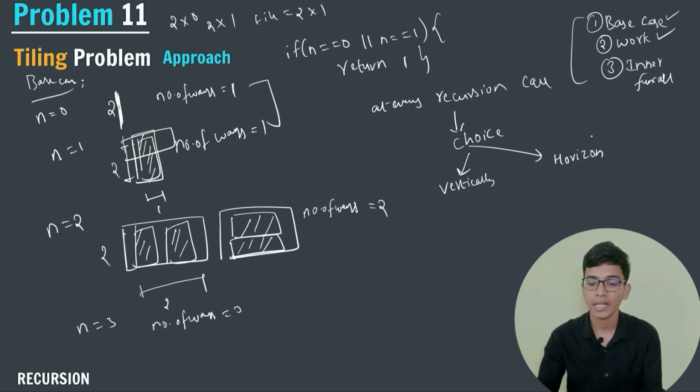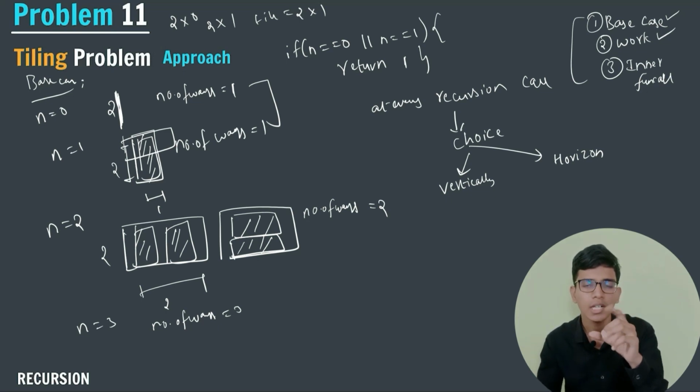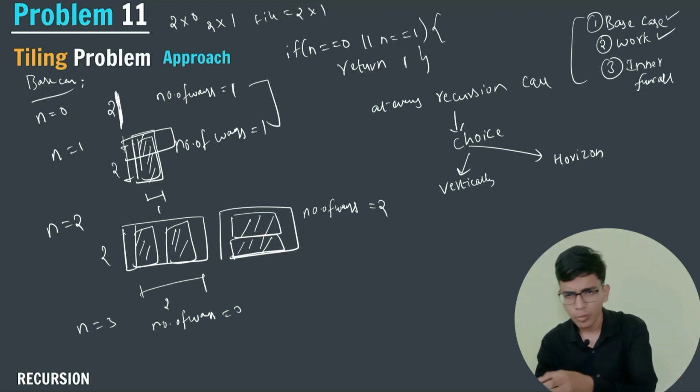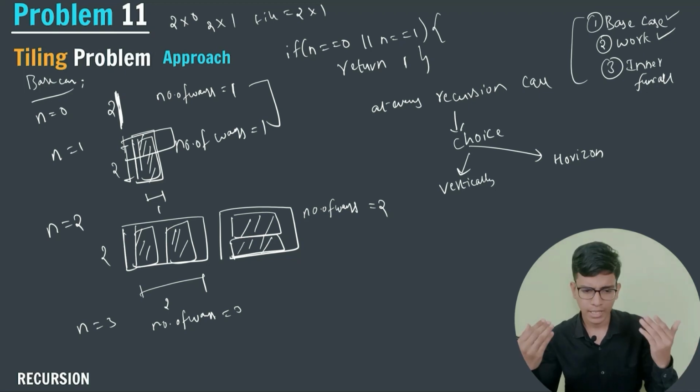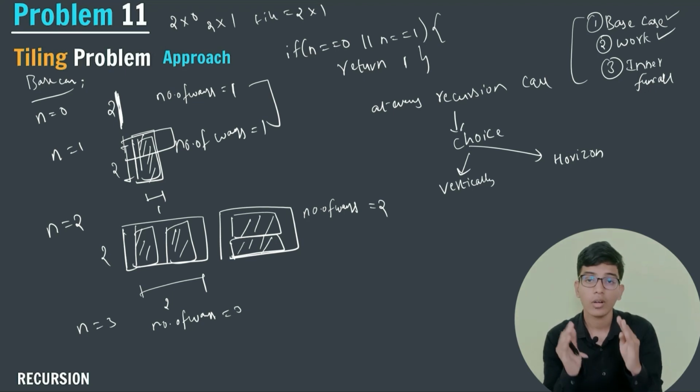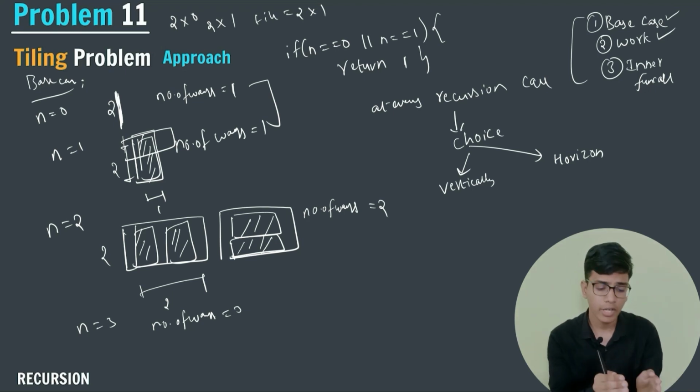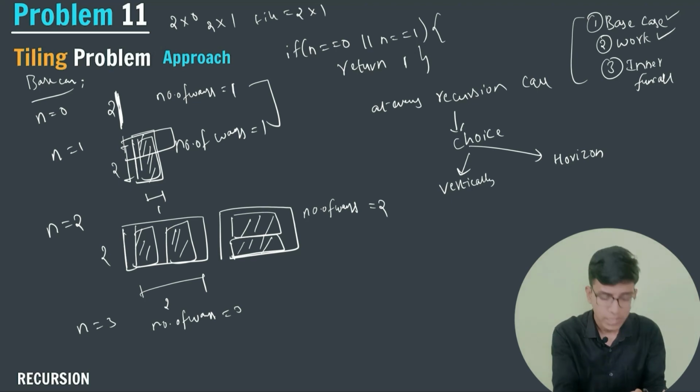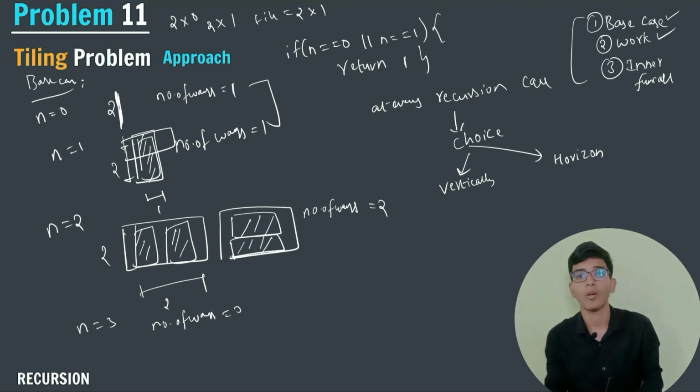At a given moment of time, I can put my tile either vertically or horizontally. So I am trying to make a choice: do I put my tile vertically or horizontally? From our logic we are trying to place our tile either in vertical format or in horizontal format.